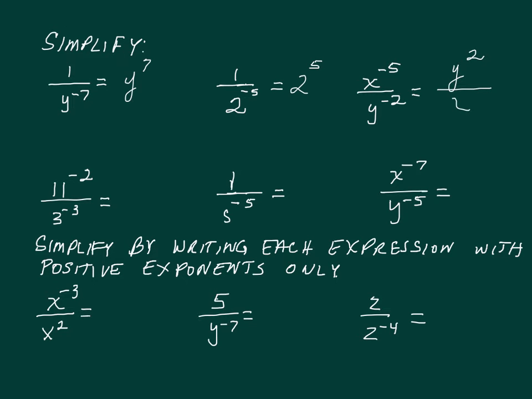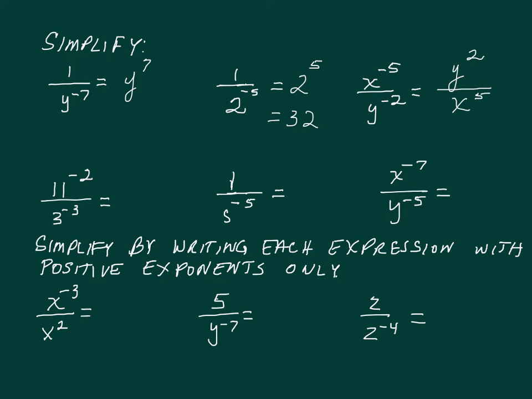The x goes to the basement, and its exponent becomes positive. We can't simplify it any further because they are y's and x's. We can't use any of the rules of exponents that we've learned to simplify that any further. Okay? I'm going to go up here and just place this right here, the 32.